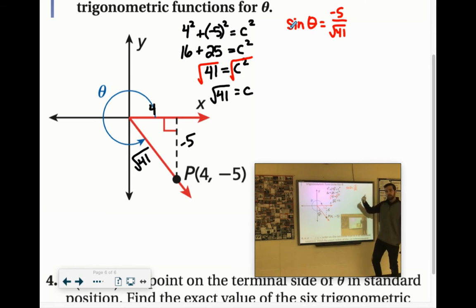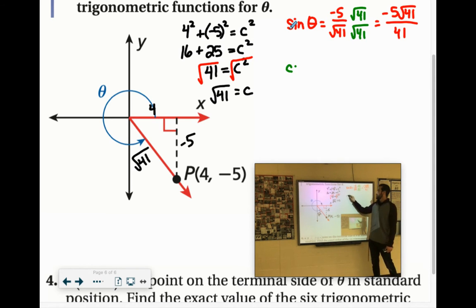Now, we can never have root 41 in the denominator, so we can multiply by root 41 over root 41. The numerator would be -5 root 41 over regular 41. Cool.